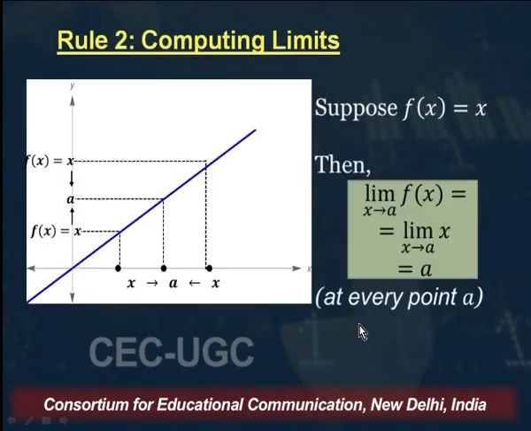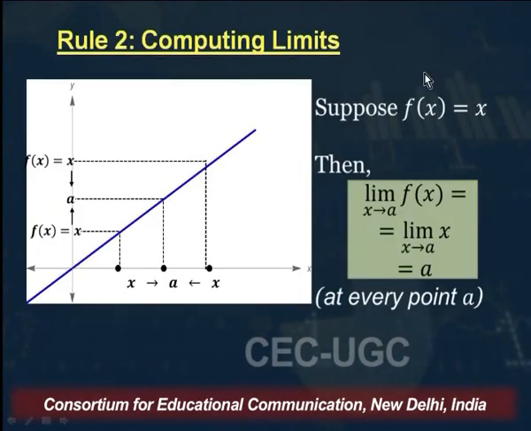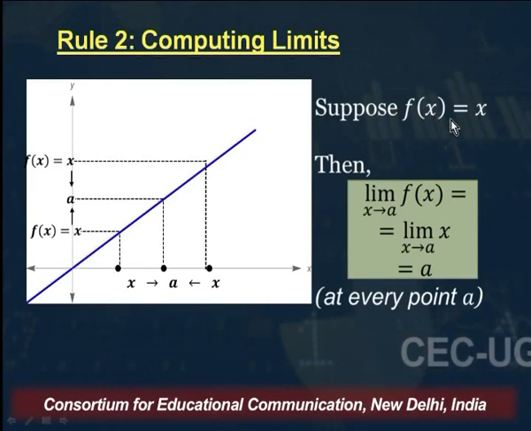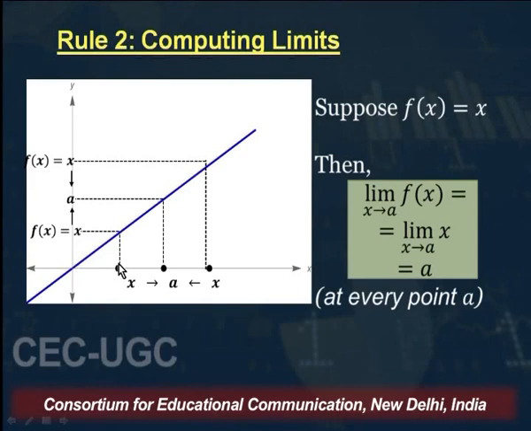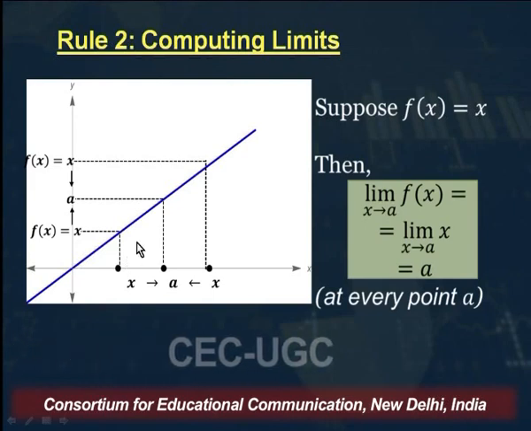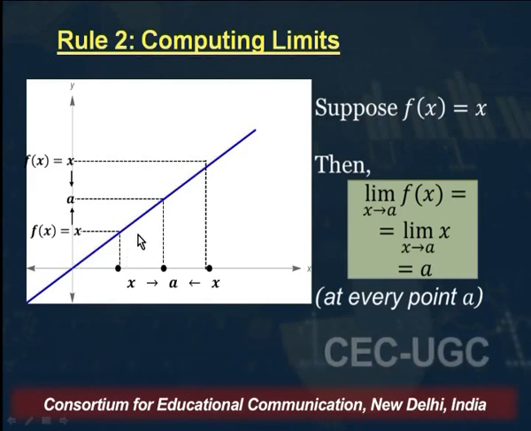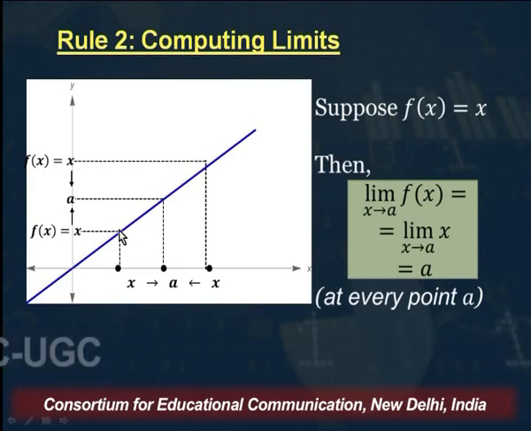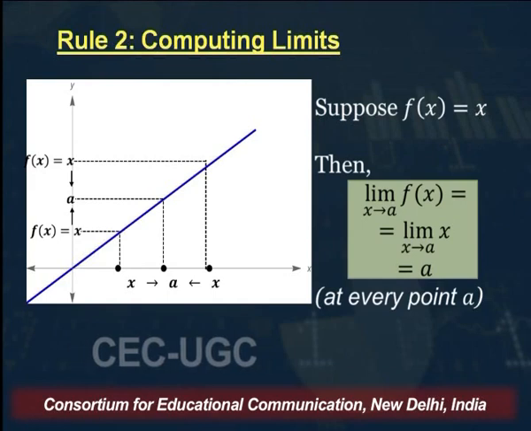Let's take another very simple function again. Here we have f of x equal to x. It is a linear function, as you all know, that passes through the origin, and the nice part about this function is that the value of the function is the value of x itself. So whatever value x takes, the value of the function will be exactly the same value as x.